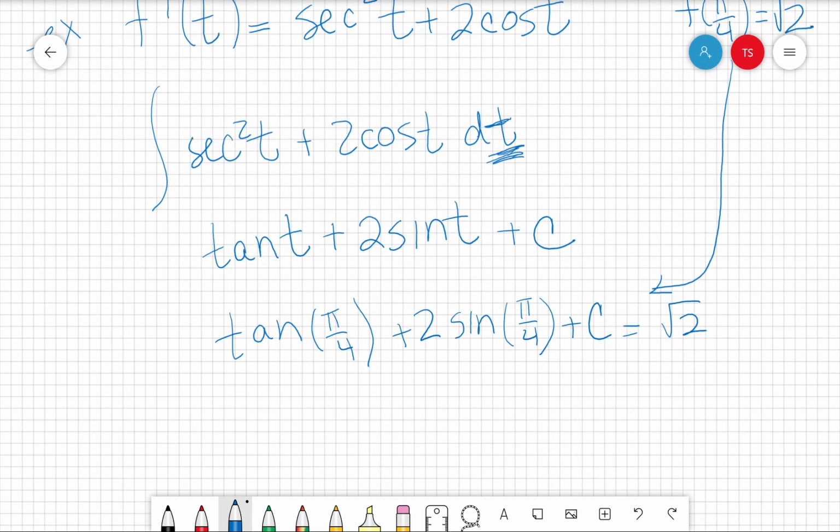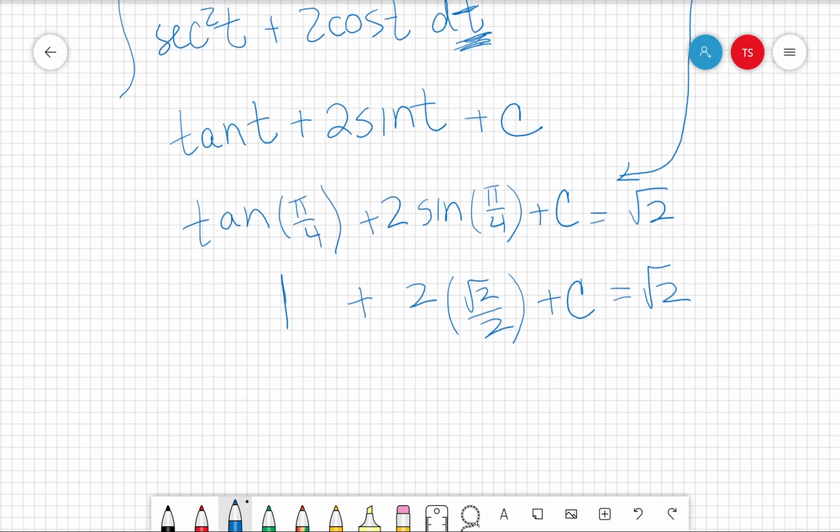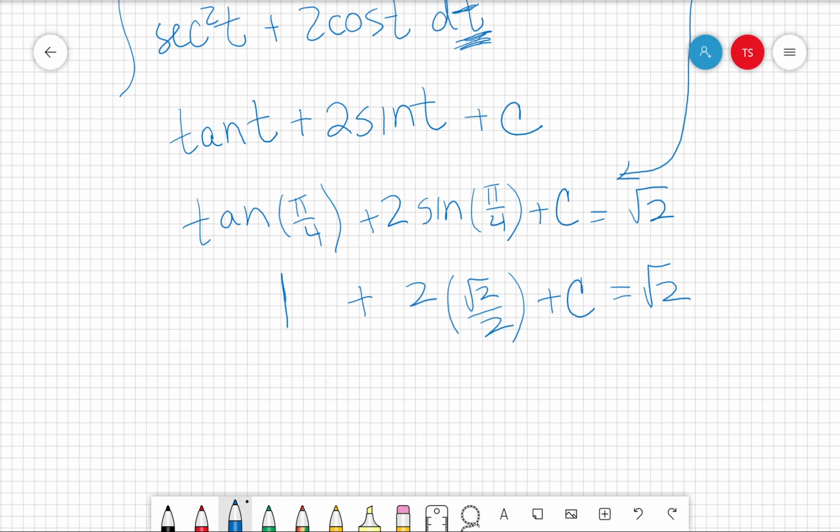So what I know, the tan of pi over 4 is equal to 1, plus 2 times the sine of pi over 4, which is radical 2 over 2, plus c equals square root of 2. And so I have 1 plus the square root of 2 plus c is equal to radical 2.